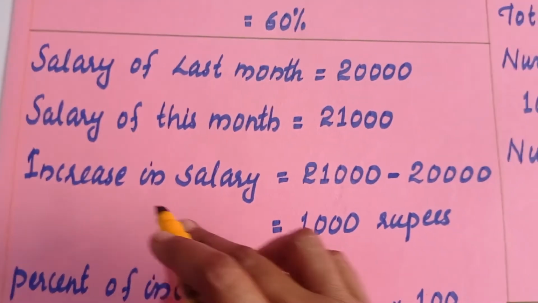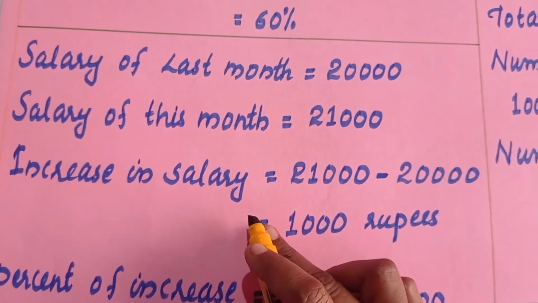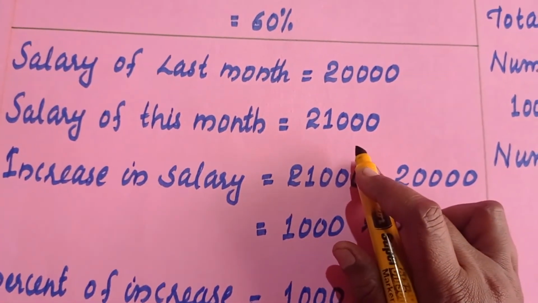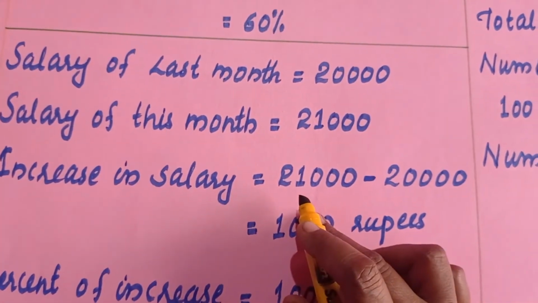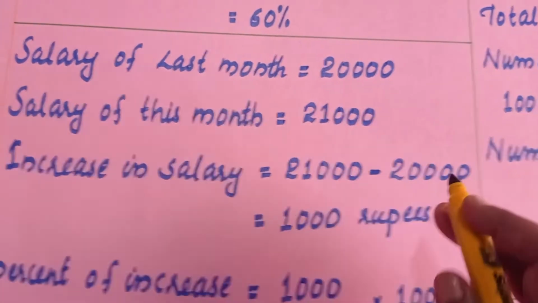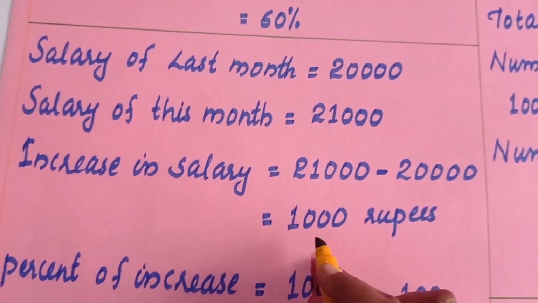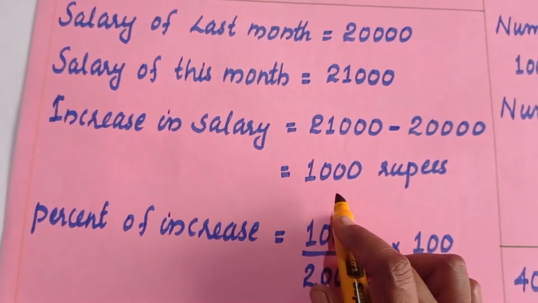Then find out the increase in salary. Increase in salary is equal to salary of this month minus salary of last month. This month 21,000 minus last month 20,000. Then the difference is 1,000 rupees. Increase in salary is 1,000 rupees.